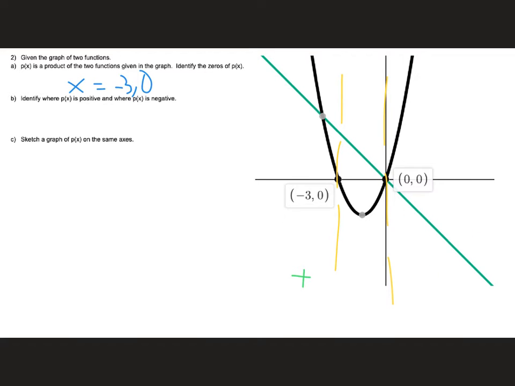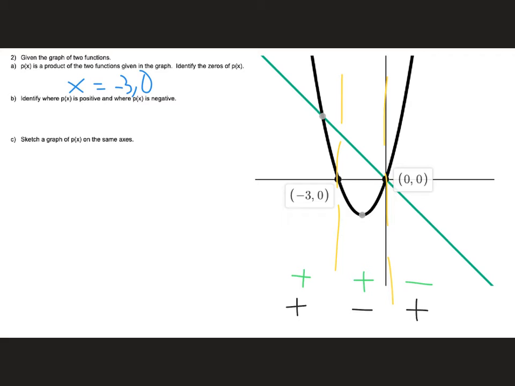So green goes positive, positive, negative. The black goes positive because we're above the x-axis, negative, positive. So black goes positive, negative, positive.